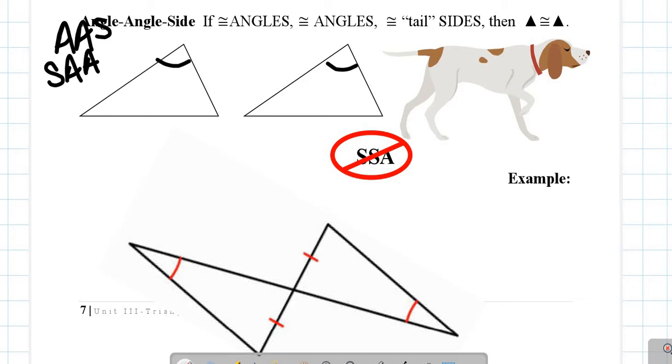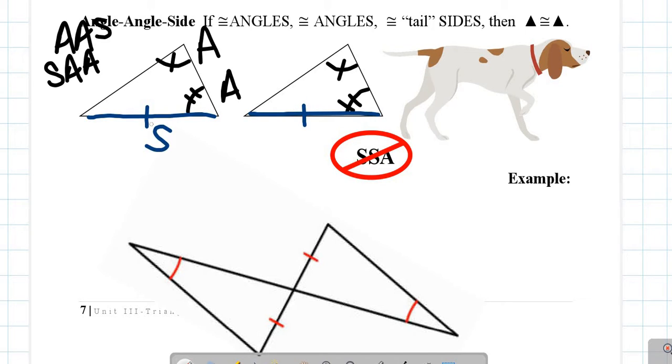If you have a pair of congruent angles, then another pair of congruent angles, and then a side. Notice the side is not squeezed between two separate angles, just touching one. This spells either side, angle, angle, or you can say angle, angle, side, same thing.